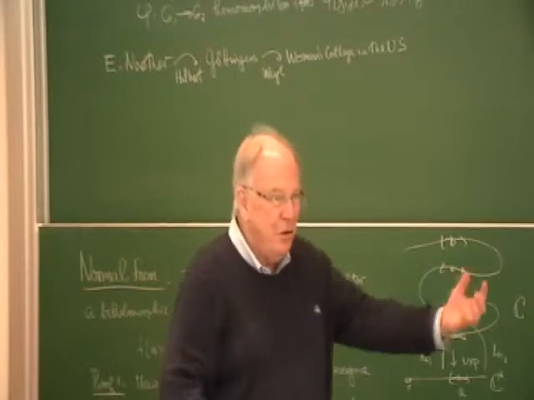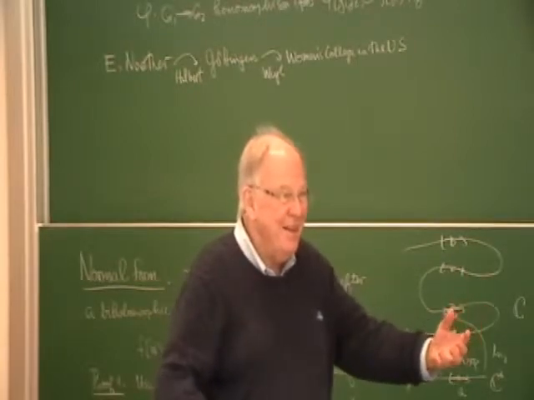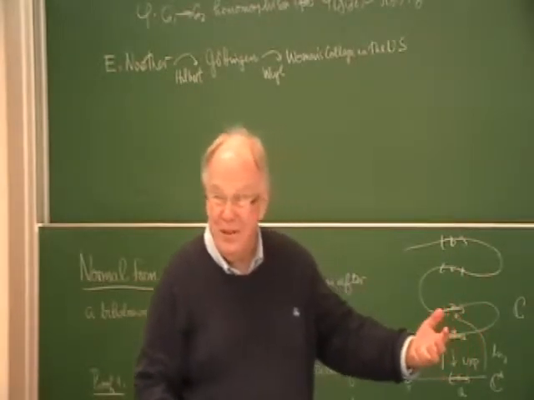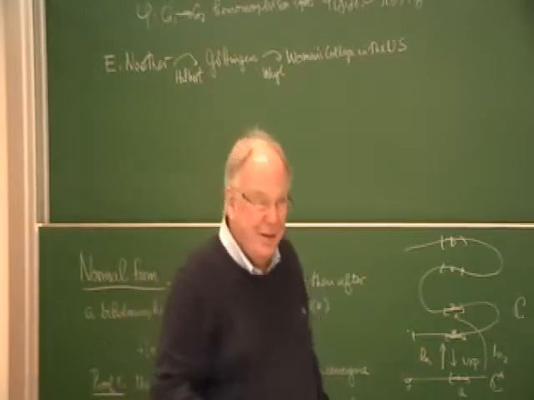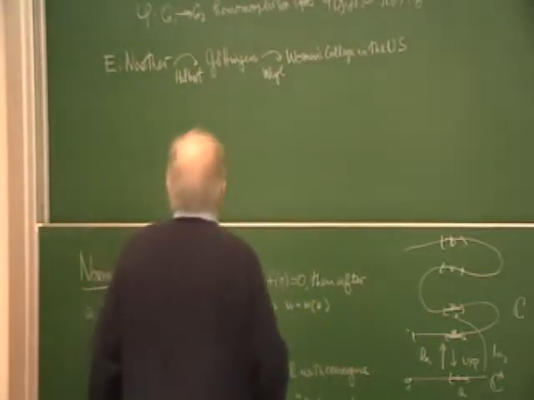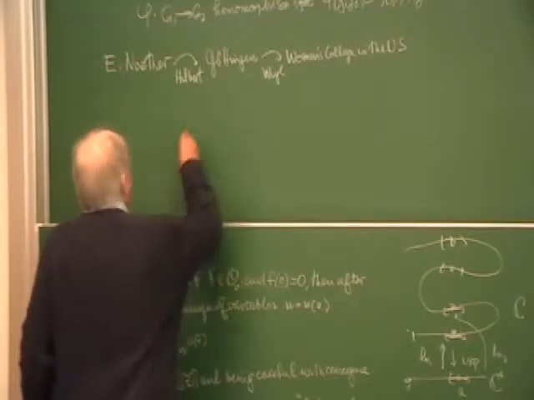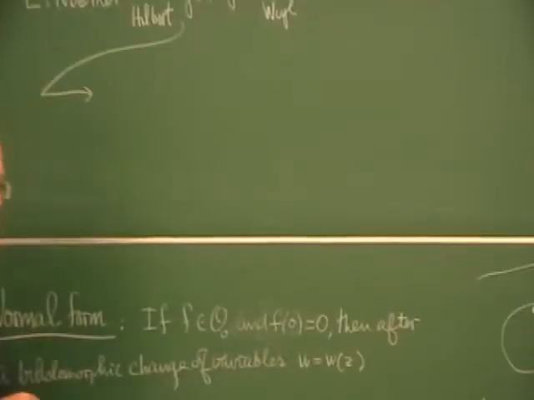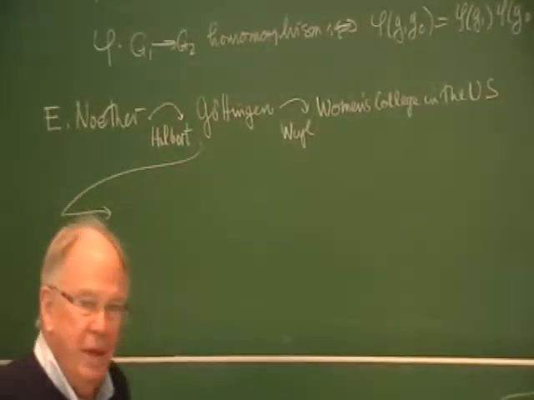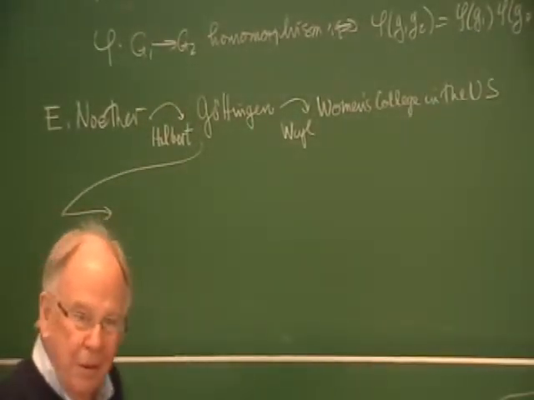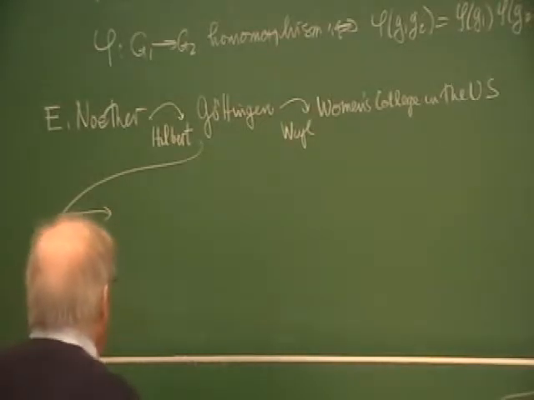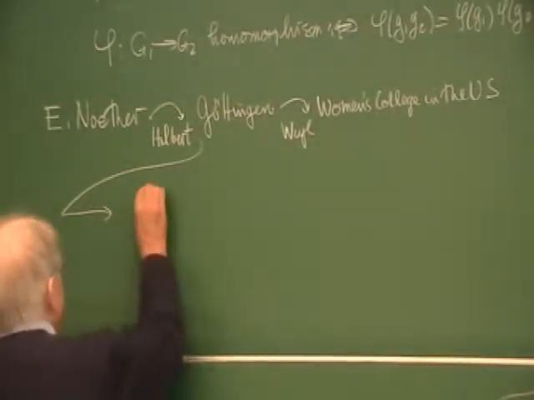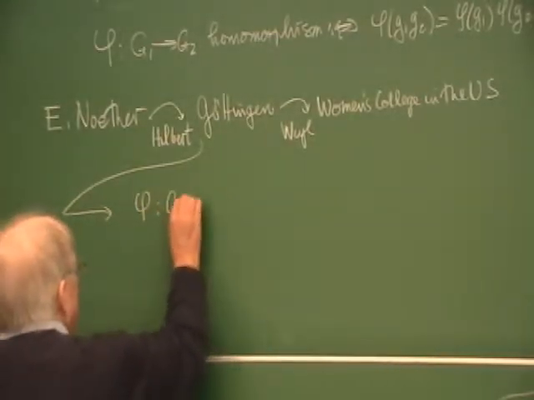And suddenly Emmy Noether appears, and this is a possibility of a woman professor in Göttingen, and she suddenly had women students. So she taught elementary algebra there, and she wrote on the blackboard, probably for the first time ever, the following mathematics. She says that phi be a group homomorphism.